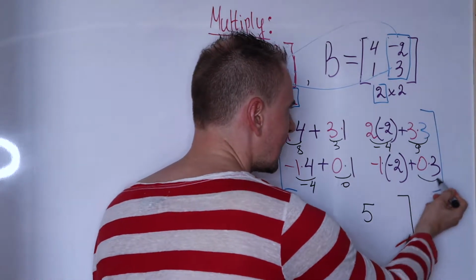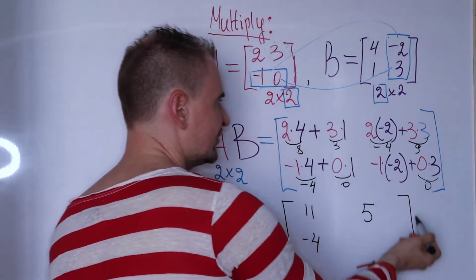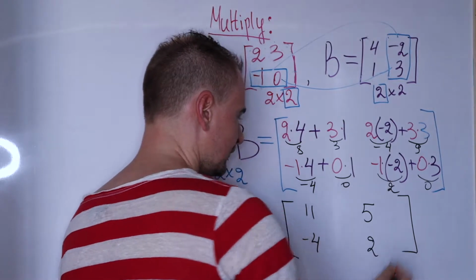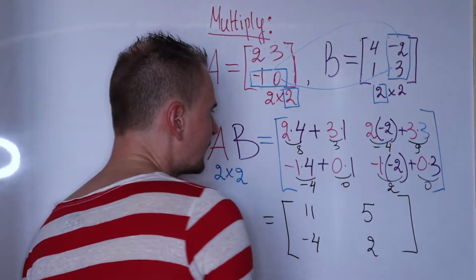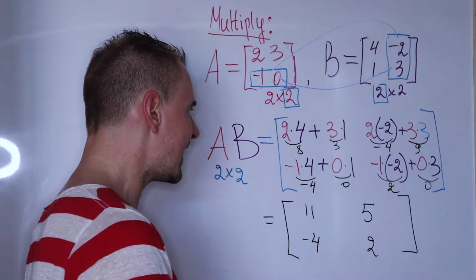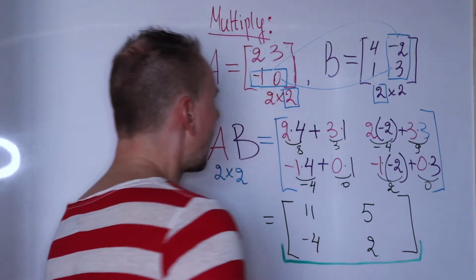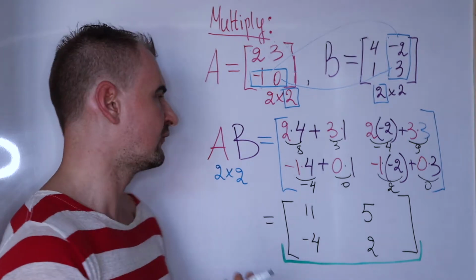And finally the last entry. So this is 0 and this is positive 2. So you would be left with 2.